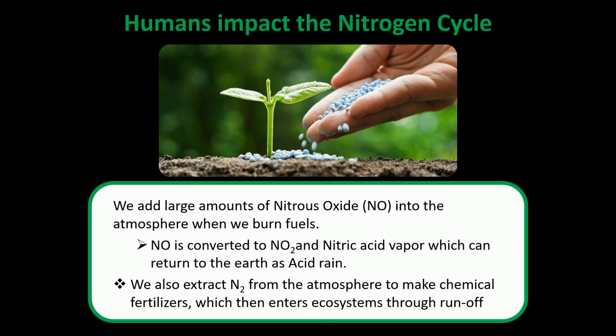You're going to have fewer types of plant species available in that given area. And lower biodiversity means a less healthy ecosystem overall. So while nutrients like nitrogen are necessary for a healthy ecosystem, too many nutrients can be a very bad thing. And we're going to see that idea repeated when we talk about the next biogeochemical cycle, which is the phosphorus cycle.